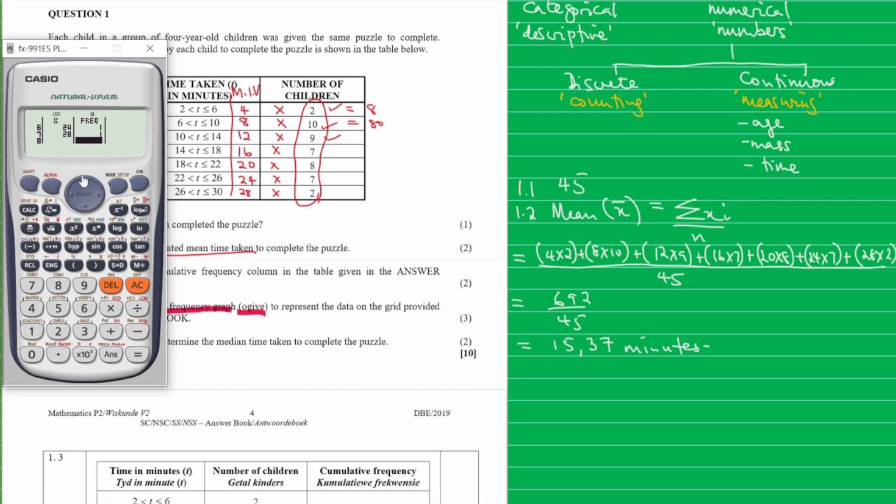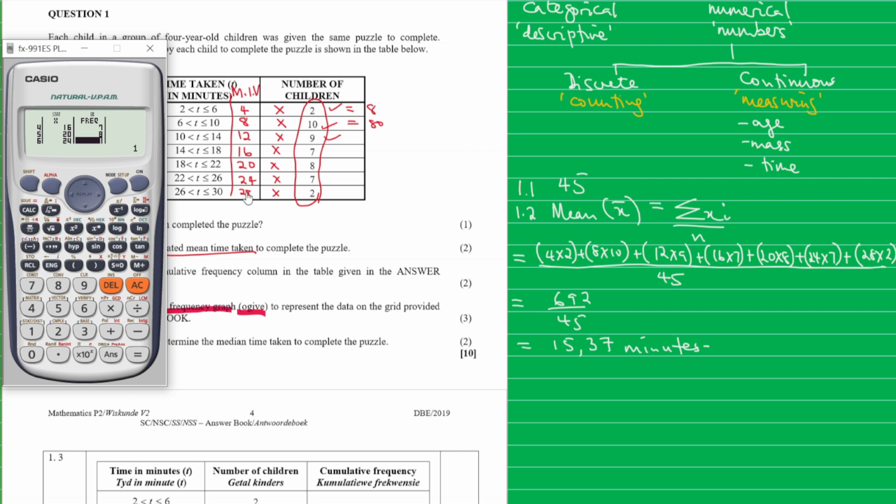So let's scroll back to entry number 1 to match the frequencies. So here there are 2 equals, and then 10, the second one, and then 9, and then 7, and then 8.